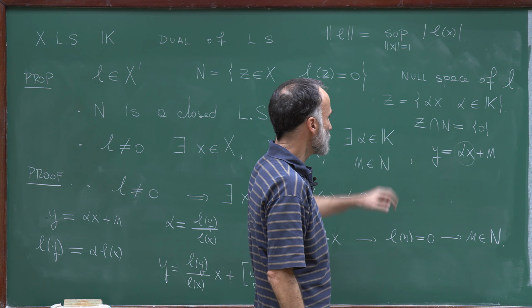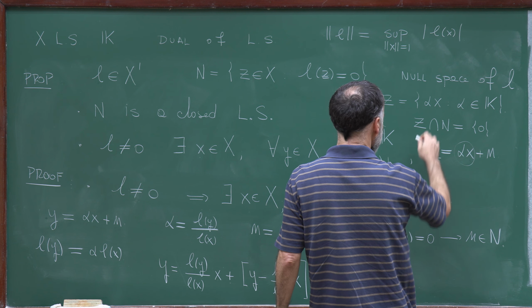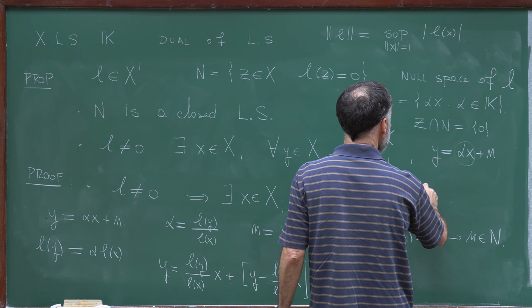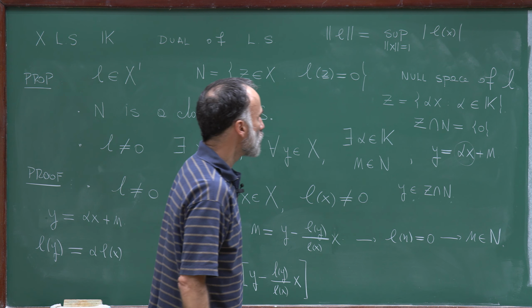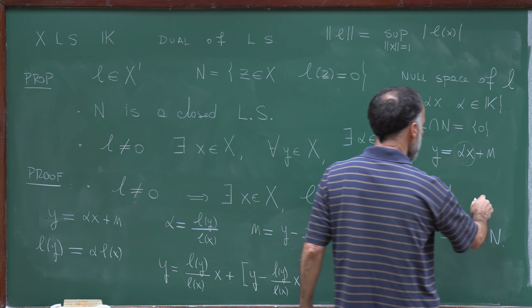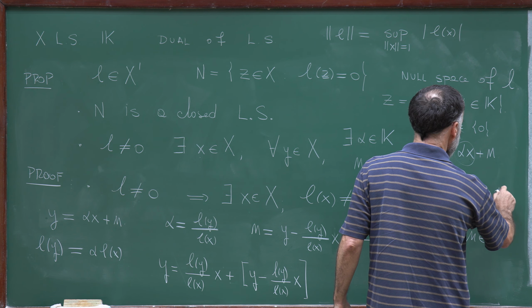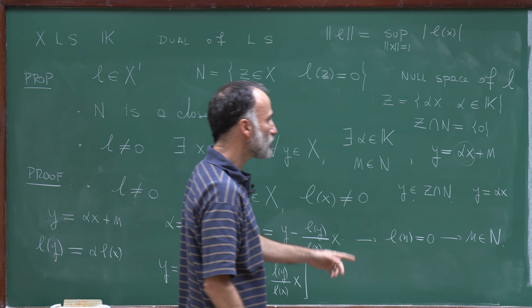So let's prove this statement. Let's pick an element y which is in the intersection. So on the one hand, y belongs to Z. So y is equal to alpha x for some alpha.